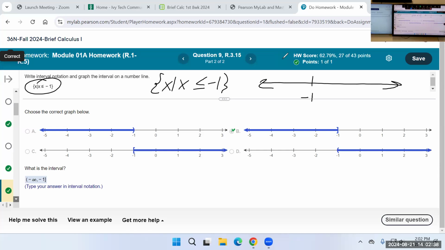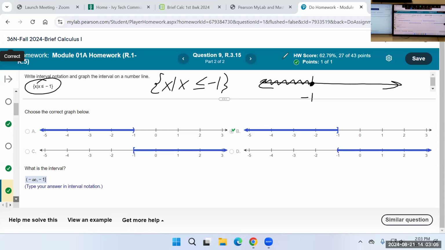If x is less than or equal to -1, we usually fill in the dot to understand that that is being included. And then I want all the numbers that are less than -1, including -1. So it would be this interval here. That's visually on the number line what it would look like.